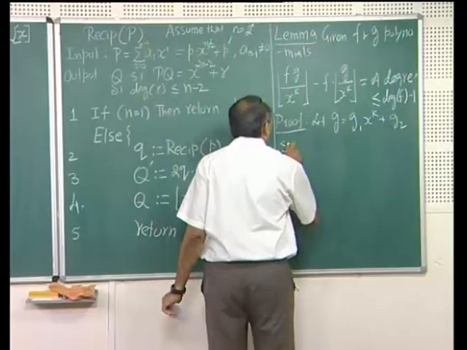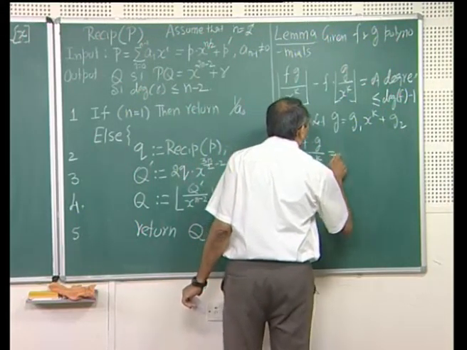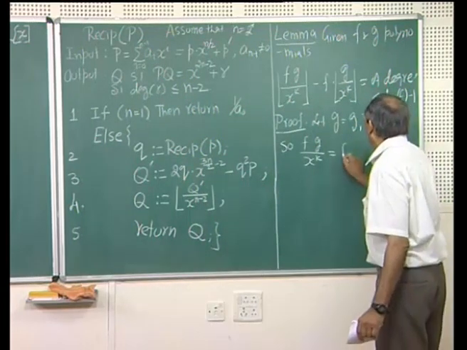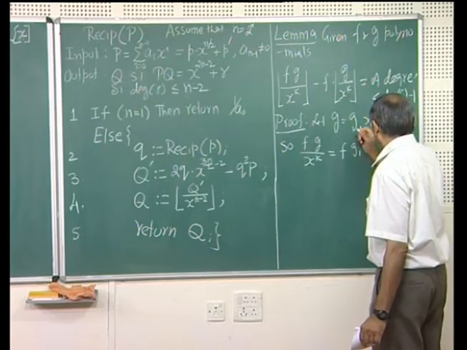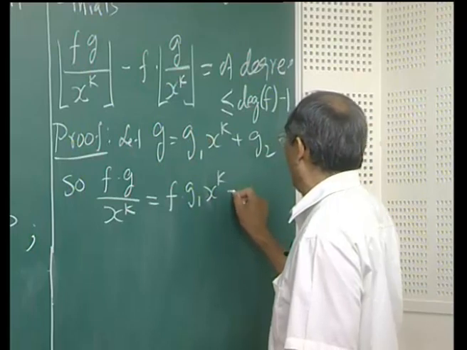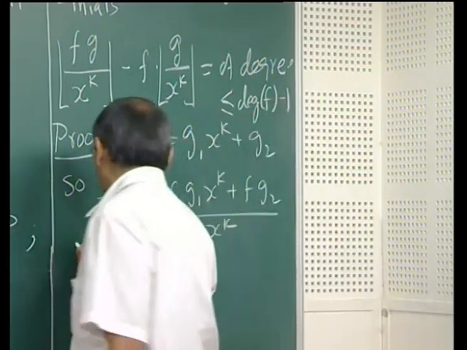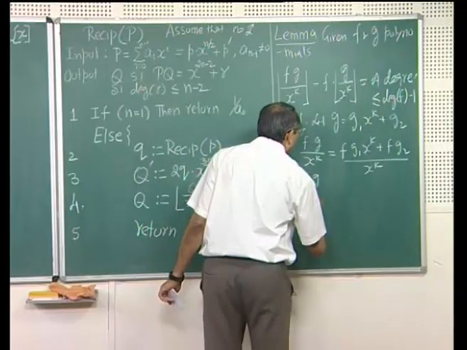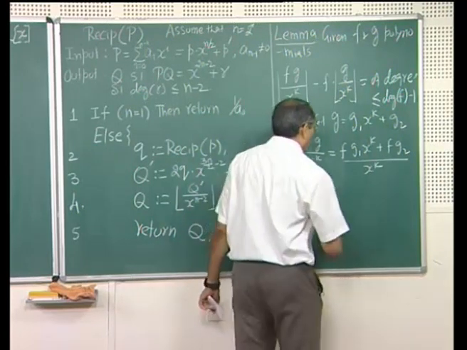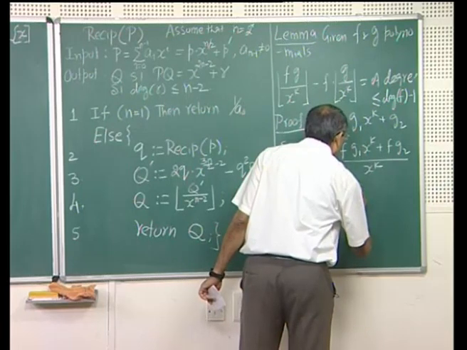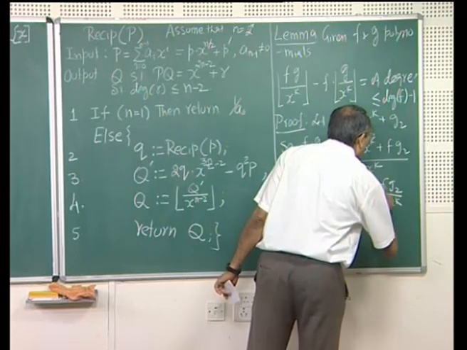So, f times g divided by x power k is f times g1 times x power k plus f times g2, divided by x^k. So, f times g by x^k floor is nothing but f g1 plus f g2 by x^k, floor.